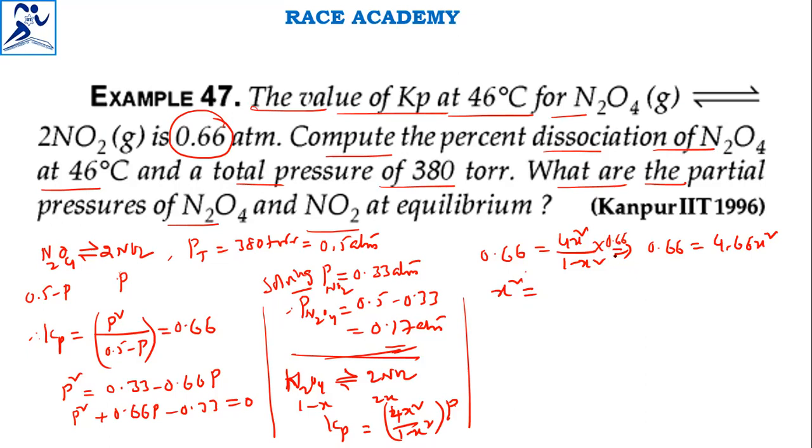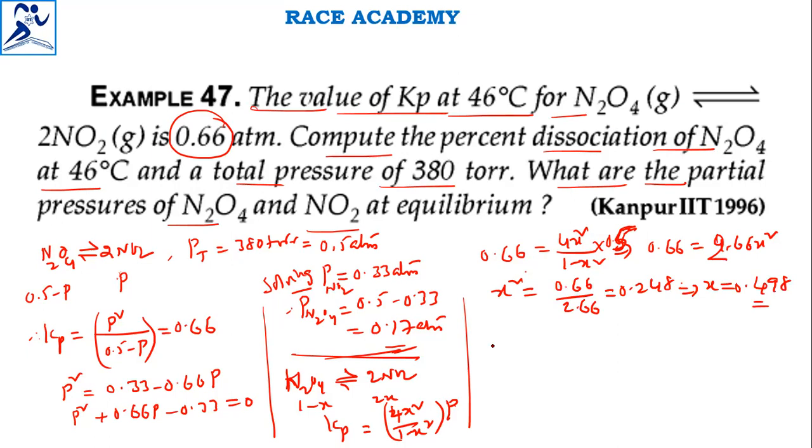The P we got is 0.5, right? So then that will become equal to 2.66 only. Then x square will become equal to 0.66 by 2.66. That answer is 0.248. If you take the root of this, you will get 0.498.